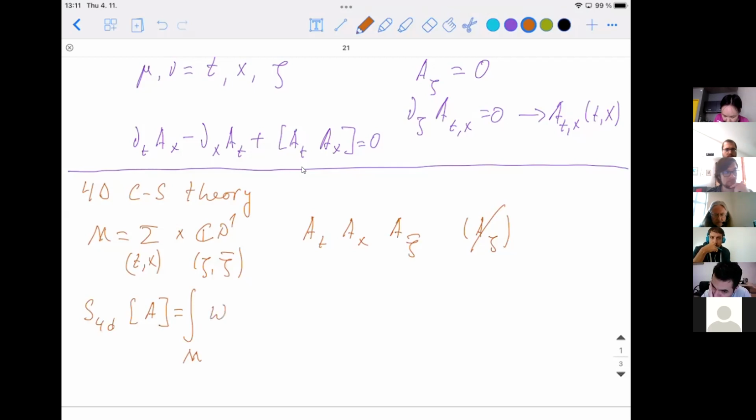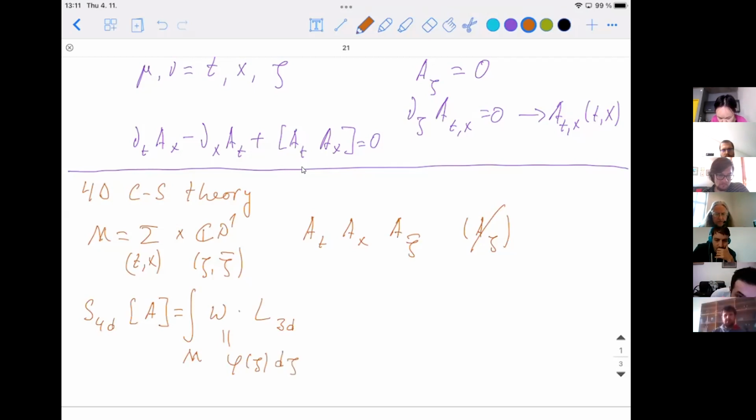We need now this omega, which is a meromorphic one-form, and we multiply it with the three-dimensional Chern-Simons action.